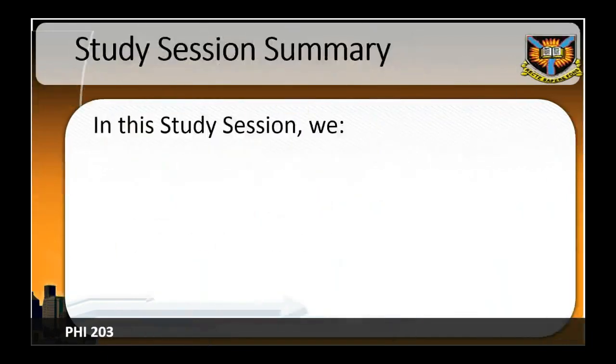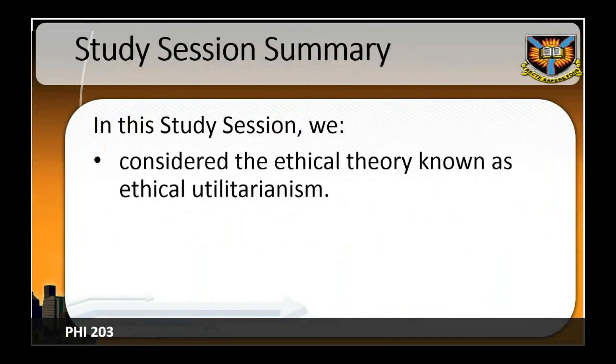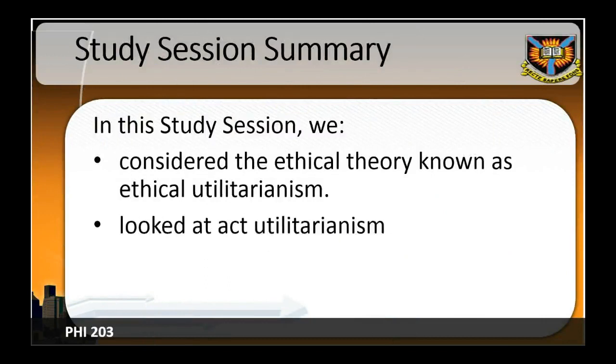Study session summary. In this study session, we considered the ethical theory known as ethical utilitarianism. Generally, utilitarianism is a consequential ethical theory which lays emphasis on the outcome of a moral action in determining the moral status of such action.